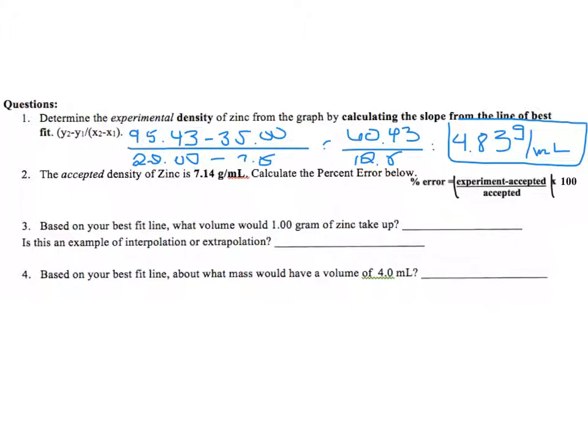So in the experiment, we got 4.83 grams per milliliter, but we should have gotten, the accepted is 7.14, so minus 7.14 divided by 7.14, absolute value, times 100 to make it a percent, and we're going to get 32.35%.